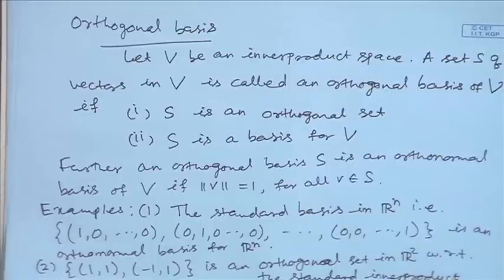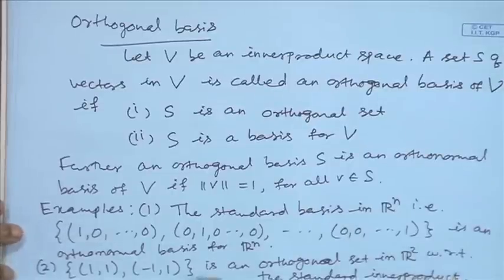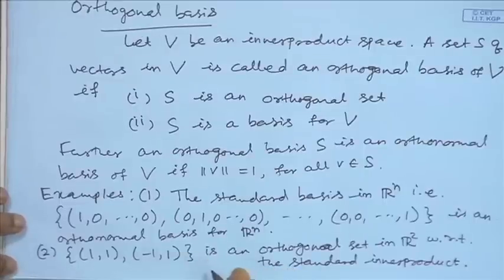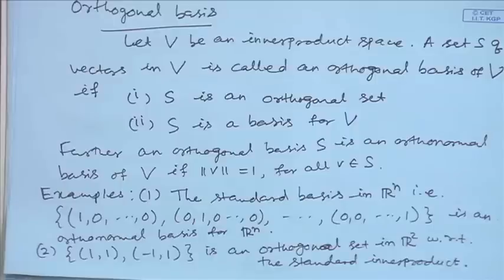If we change the inner product and take a different one, then these vectors need not be orthogonal. So, it is important to say that vectors are orthogonal with respect to which inner product; mentioning the inner product is also important.